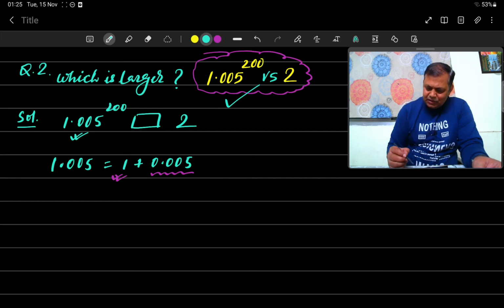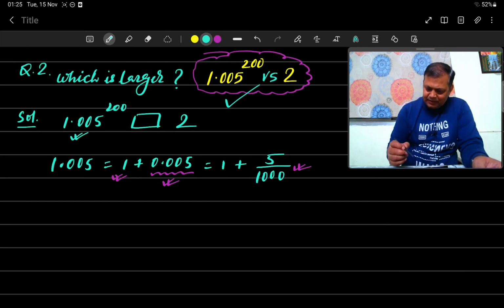Now you can write this number as 1 plus 5 divided by 1000, because you can convert a decimal part into a fractional part, right?